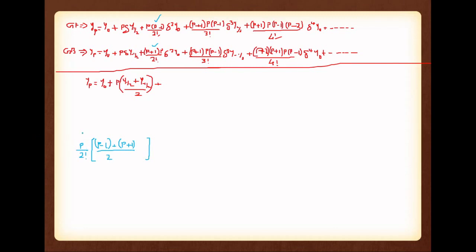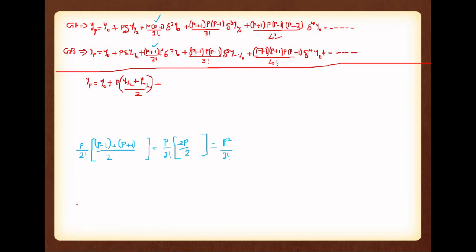P by 2 factorial is common, so that is taken outside. Take the average of the remaining terms: p minus 1 plus p plus 1 divided by 2. So this is equal to p divided by 2 factorial into, here minus 1 and plus 1 cancel, so the remaining term is 2p divided by 2. The 2 and 2 cancel, p is outside, so we have p square divided by 2 factorial. Am I correct?